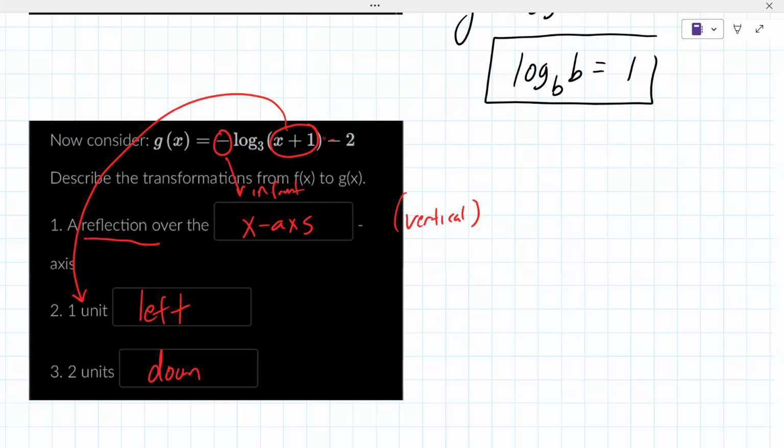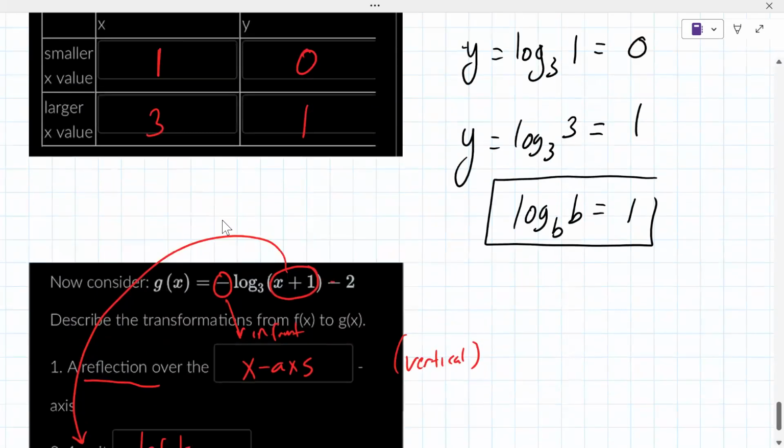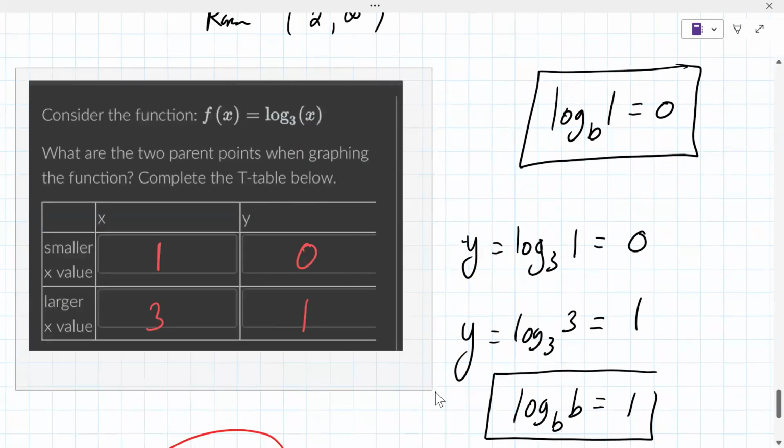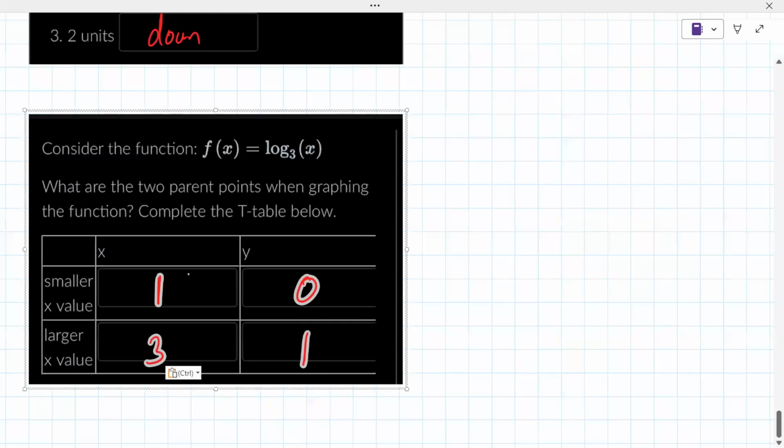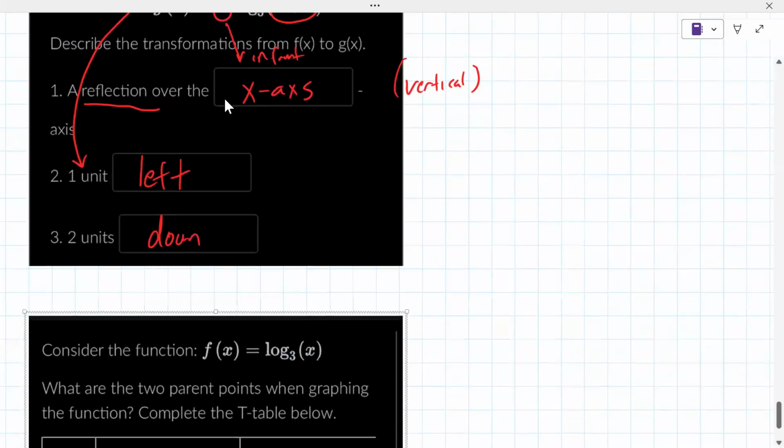Okay, so now we're going to modify points here. I think it's kind of helpful to have the originals. I'm going to grab this, and then we'll talk about the transformations. They're based on this. So x-axis affects the y value, left affects the x value, down affects the y. So let's get those new points here.